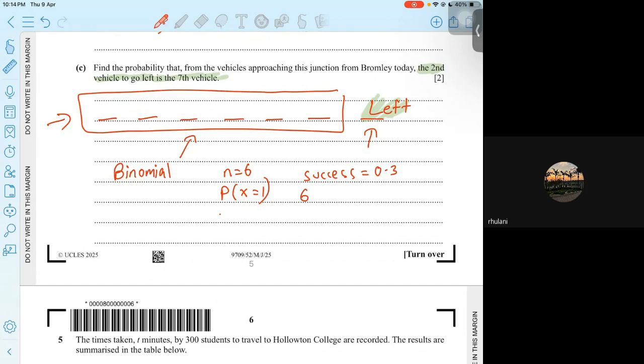It's 6C1 times success 0.3 to the power of what we want, so that is 1, and then failure 0.7 to the power of the remaining, so 5, right?